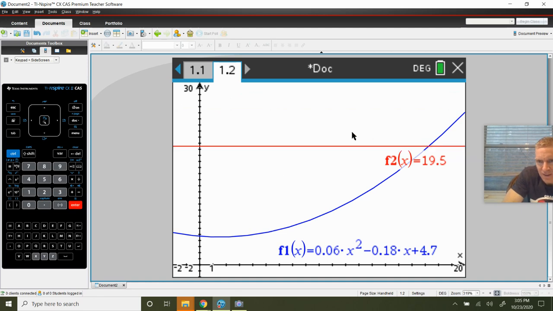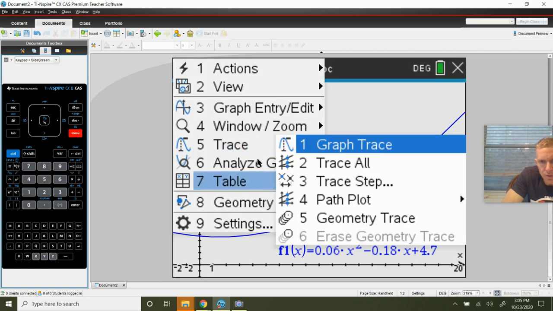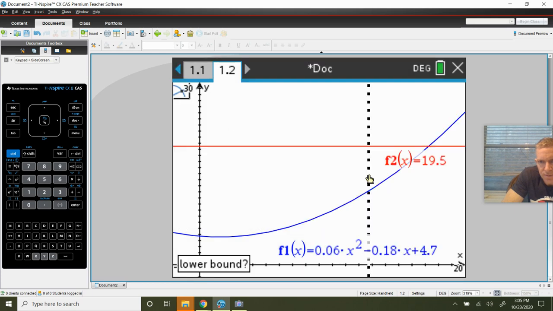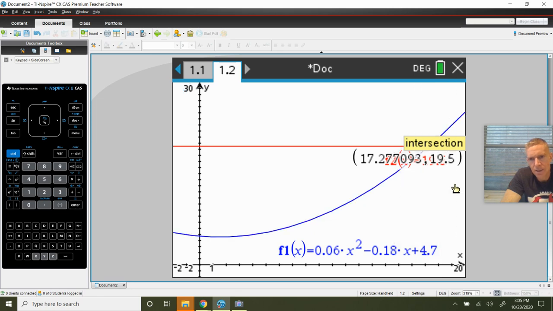And now we find the intersection. So menu. We could do this through geometry, which we've done before, or we could do it through analyze graph, intersection. Now this one, you're not clicking on both of the curves. You're giving it a lower bound, somewhere to the left and somewhere to the right, and it gives you your intersection.